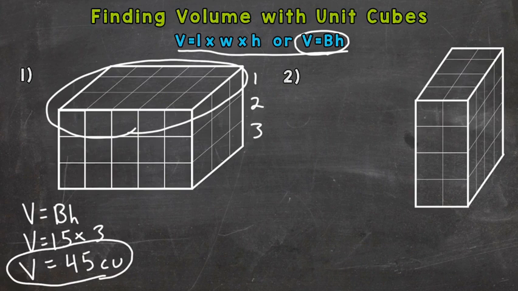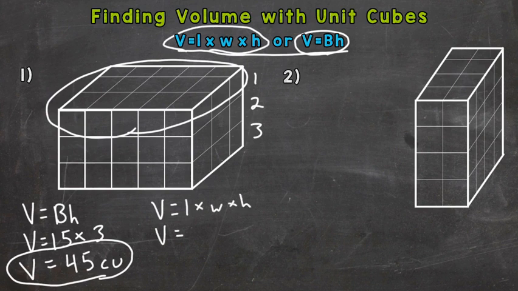Let's use our other formula and see if we get the same answer. Volume equals length times width times height. Length, I consider how far back the three-dimensional object goes. So if we take a look here, how many cubes back? Well, 3, times the width.